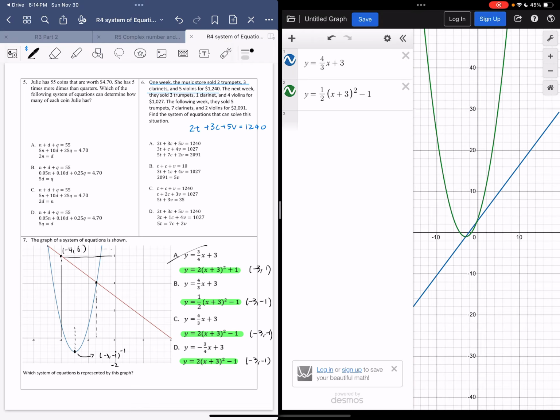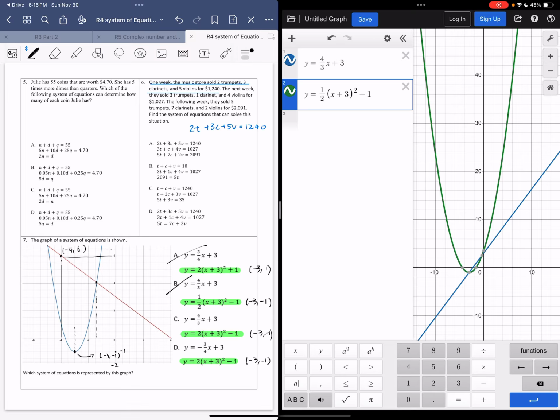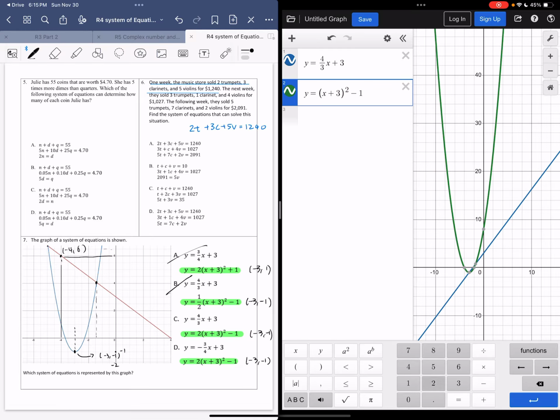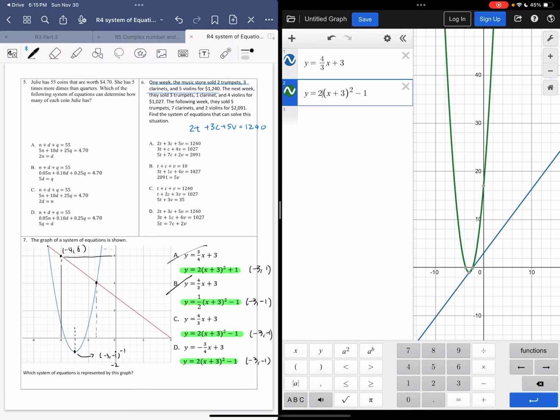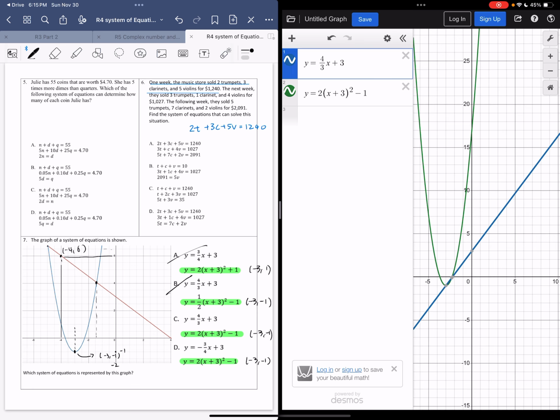Well, clearly it does not look the same thing because the line is in the opposite direction, so B cannot be the answer. C is the 4/3 x. Oh, and then okay, and then they made this one too. So C does not look the same to me either because again the line is in the opposite direction. It does not even look close to this.